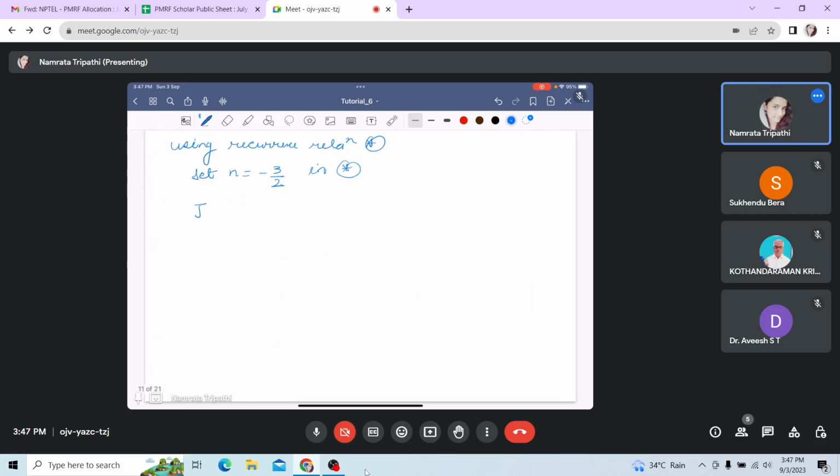After substituting here z n plus 1, we'll get minus 5 by 2 is equals to minus 3 by x z of minus 3 by 2 of x minus z of minus 3 by 2 minus 1, minus 5 by 2.